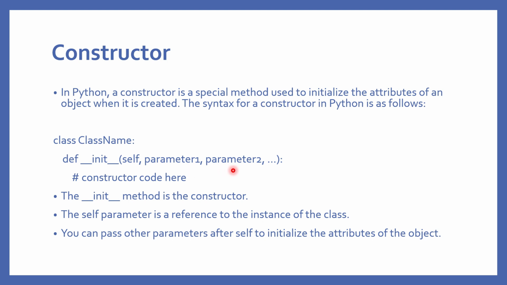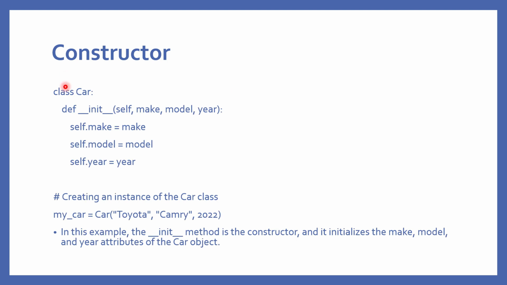Let's understand this with one example. Let's suppose we are creating a class car, and I'm defining a constructor for this. So def, then double underscore init followed by another double underscore, and here you can see that self is the parameter which will refer to the class itself. Then we have other attributes like make, model, and year.